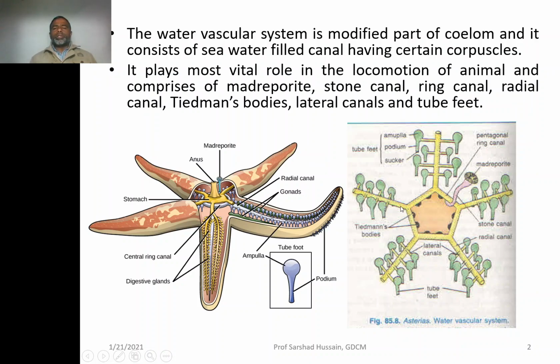In addition to this, the radial canal gives off the lateral canals on the sides. This is the lateral canal. And then the tube feet are associated at the end of the lateral canals. These are the tube feet, you can see over here.